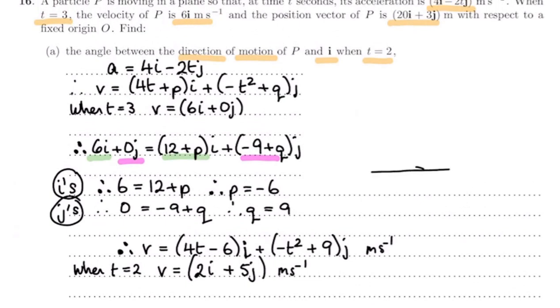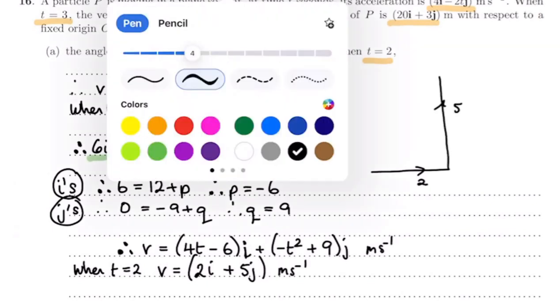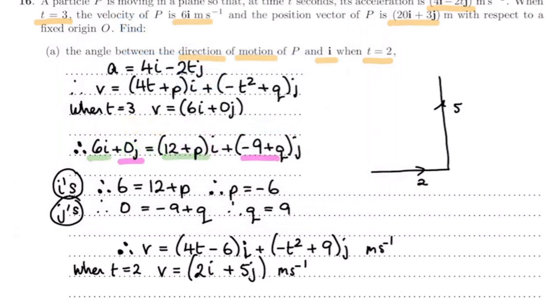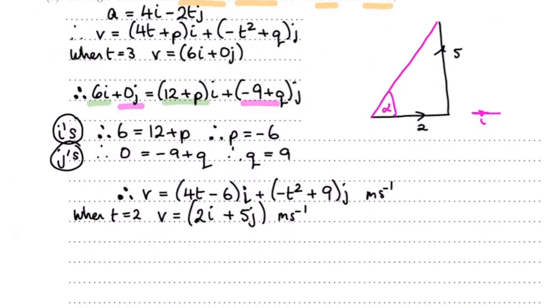So it goes across 2 and up 5, and remember i is 1 in the x direction, so it's in that direction. What I want is this angle. It's going to be basic trigonometry.